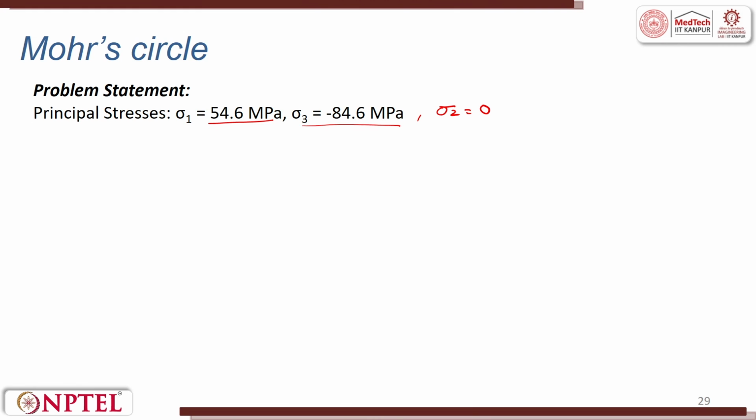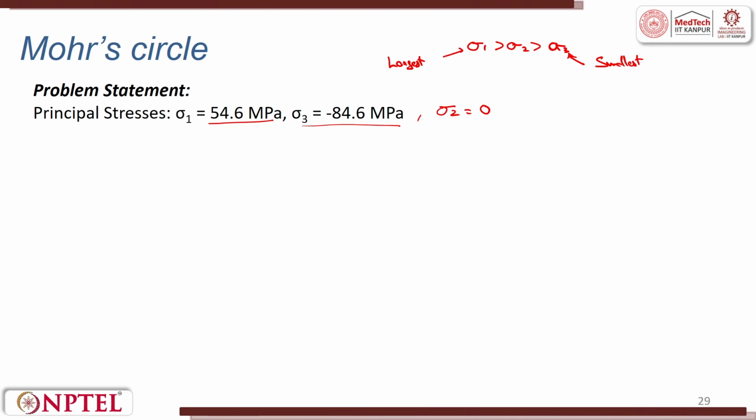So, this is a case of a 3-dimensional Mohr circle where sigma 1, sigma 2, sigma 3 are calculated, and it is always sigma 1 is greater than sigma 2 is greater than sigma 3, which means sigma 1 is always largest and sigma 3 is always smallest.